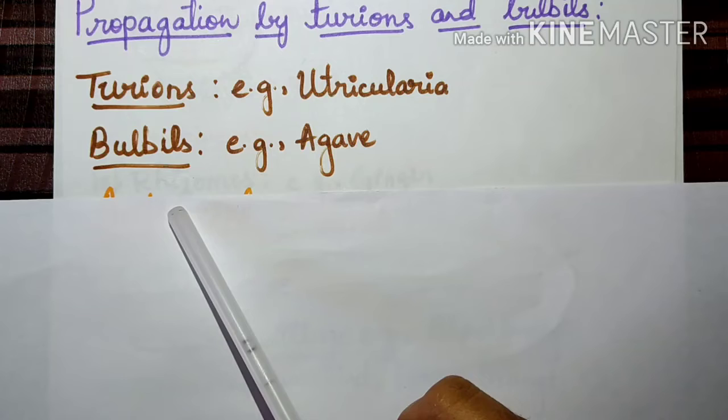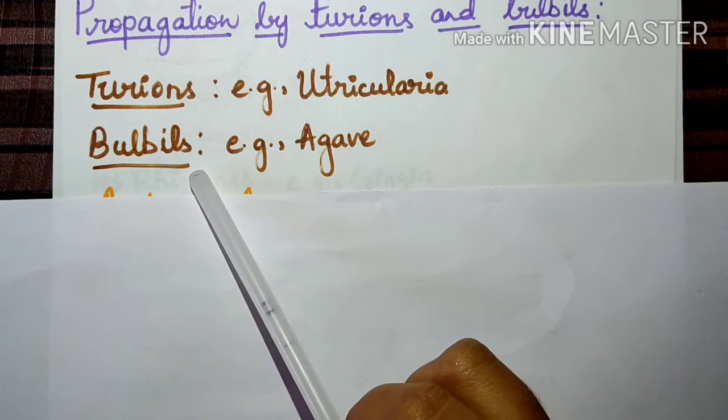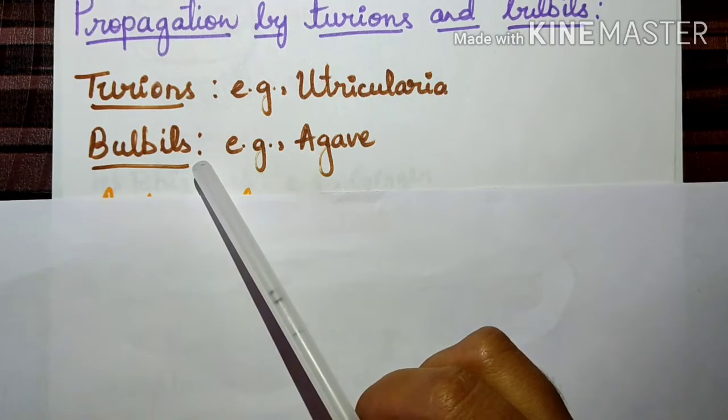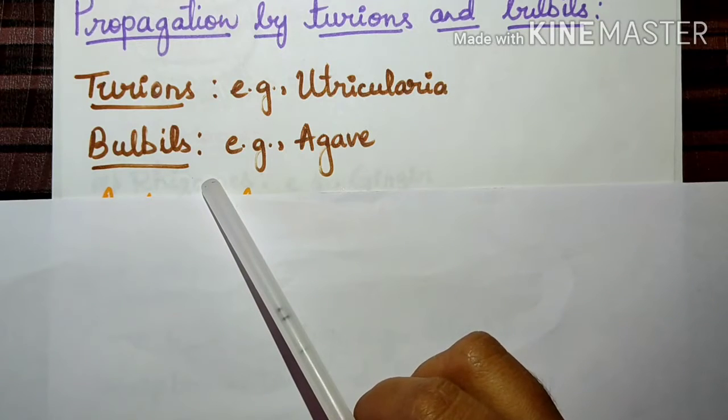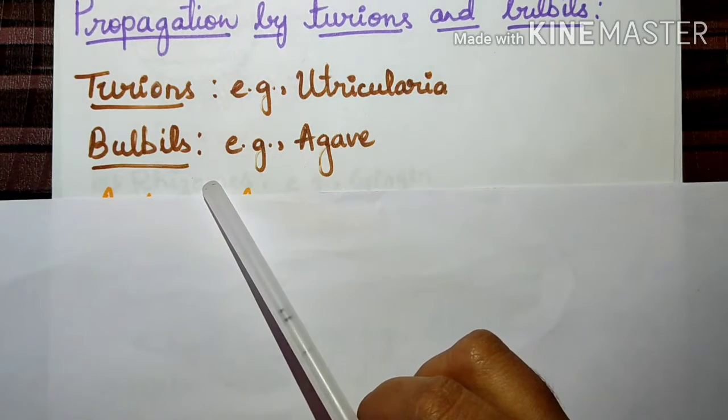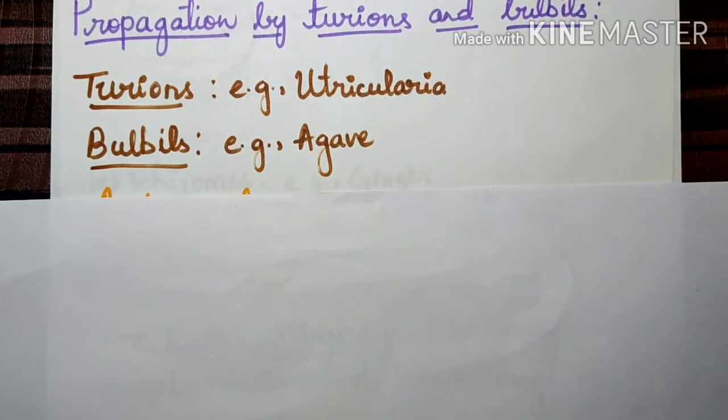So this is about the natural method of vegetative propagation. We have studied propagation by roots, stem, leaves, and also by turions and bulbils.